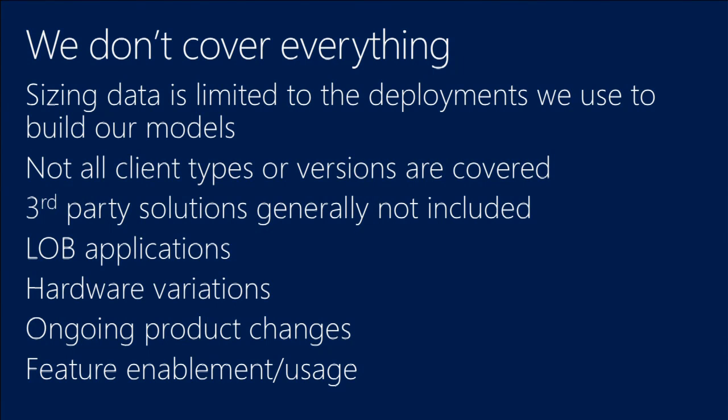Probably one of the biggest examples of that historically has been the impact of BES, BlackBerry, right? RIM actually provides great guidance, or historically has and continues to do so, around what the impact of a BlackBerry user is on Exchange. And in those cases where we're dealing with third-party products that have a significant impact on Exchange, we highly encourage you to go back to that vendor and get their guidance on how their product impacts Exchange, and then add that into your sizing results. There's a way to do that in the calculator, both from an I/O perspective as well as a CPU perspective.